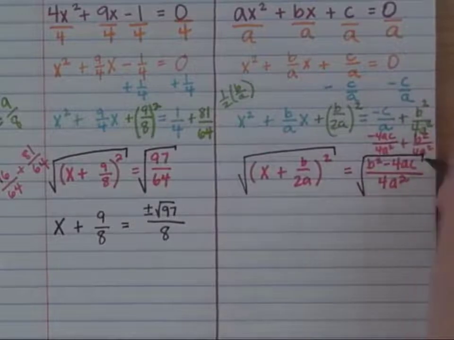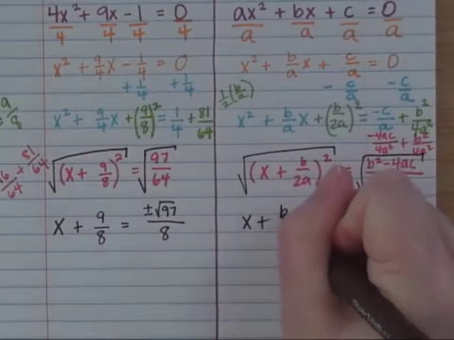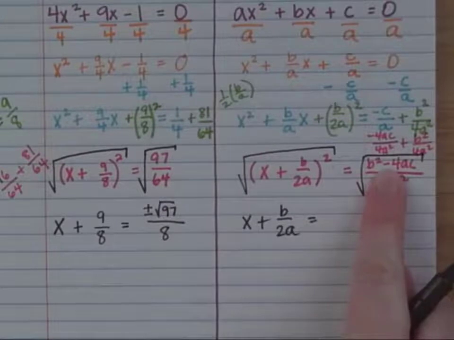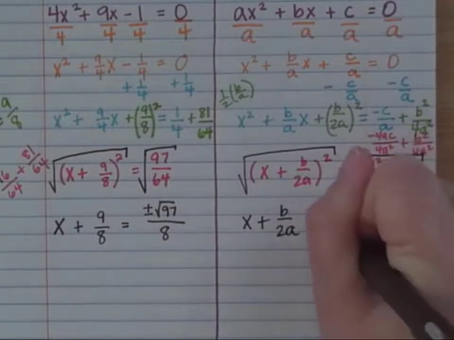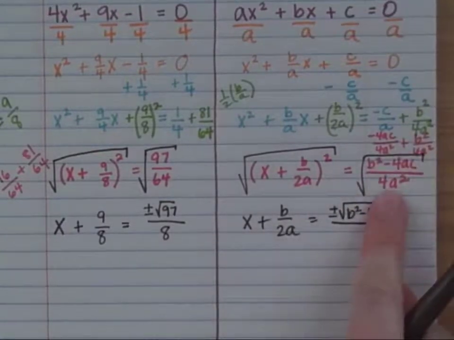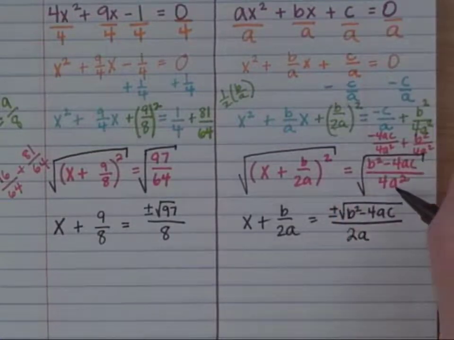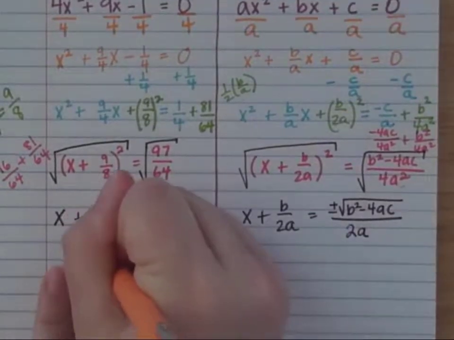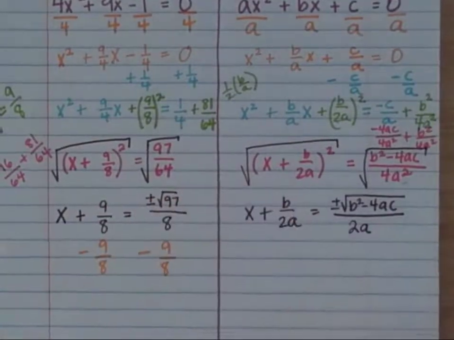Well, x plus b over 2a equals, I cannot take the square root of the numerator right here because of that minus sign. But at least the denominator, I can take the square root of 4. And the square root of a squared is a. We can see to get x by itself, I have to subtract 9/8 from both sides.